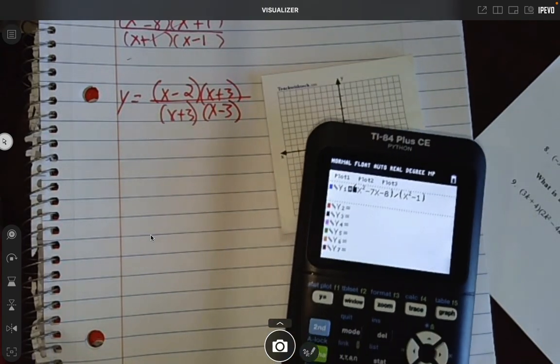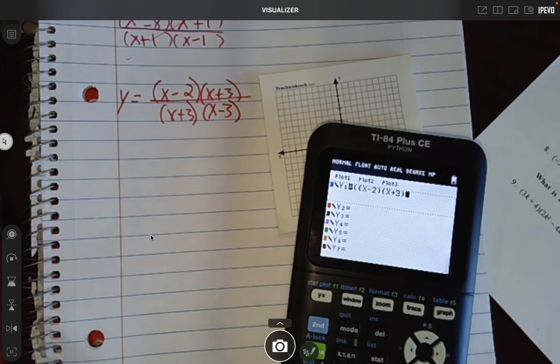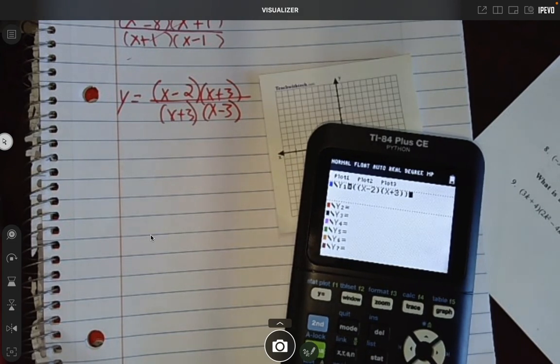So if I go to y equals, I have several things to type in. You have to put 2 sets of parentheses up top. What goes in the first right now? X minus 2. Close them. Then another set. What goes next? X plus 3. Close them. Then I have to close the entire top.